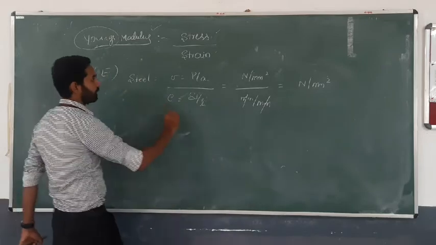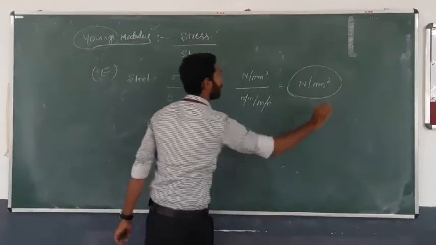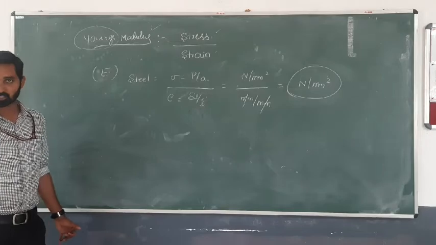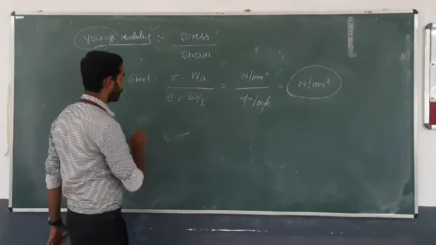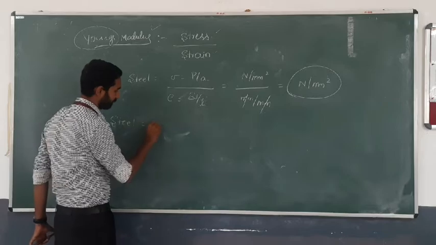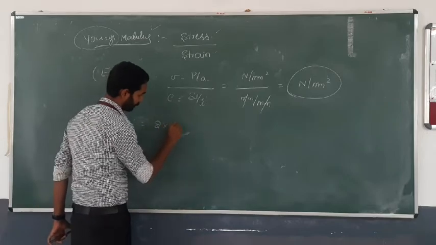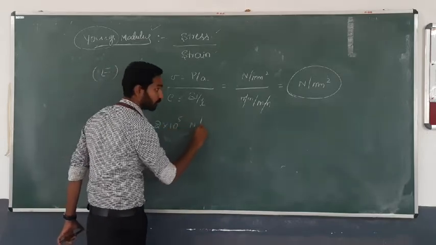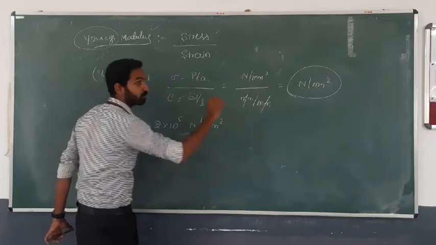From this discussion we can conclude that Young's modulus is a constant for particular materials. For example, for steel, Young's modulus will be 2 into 10 to the power 5 Newton per mm square.